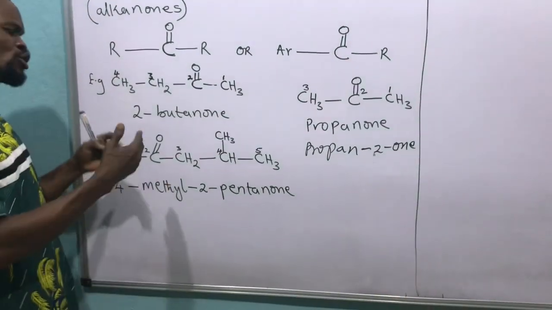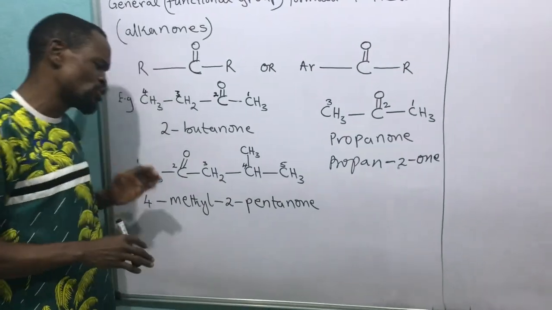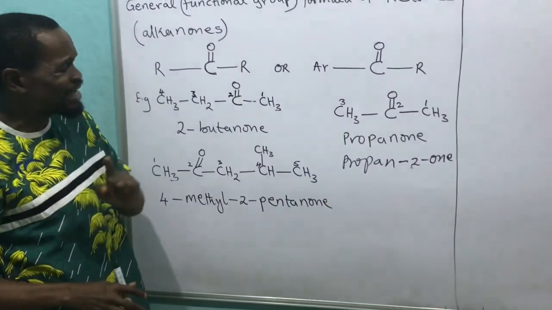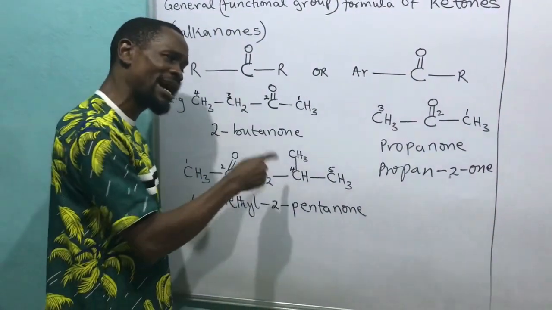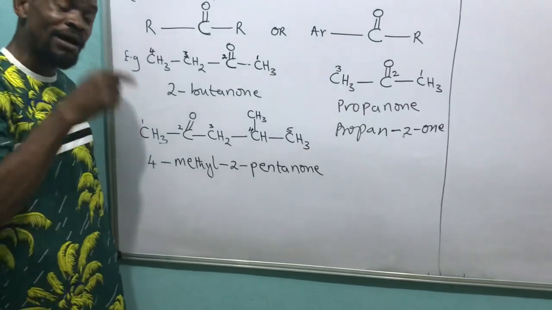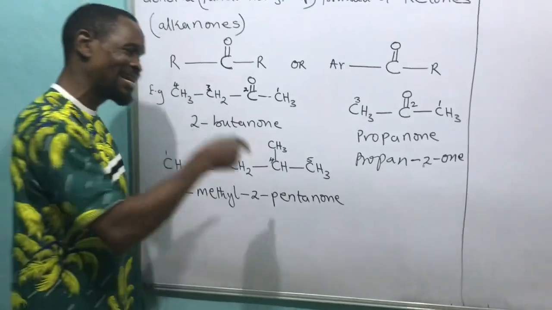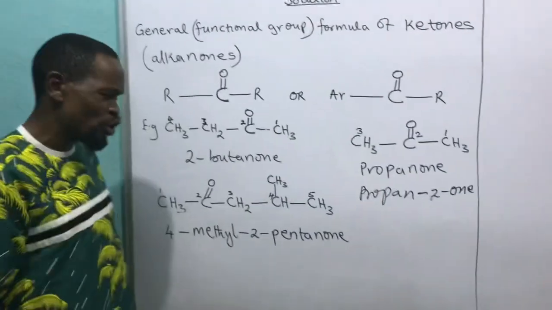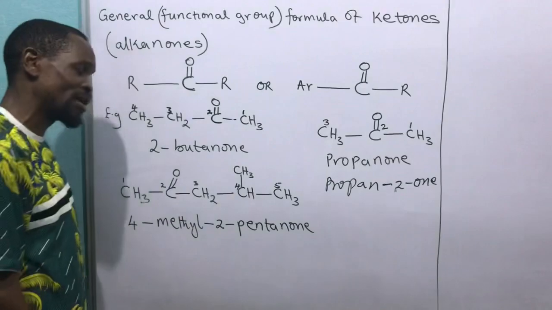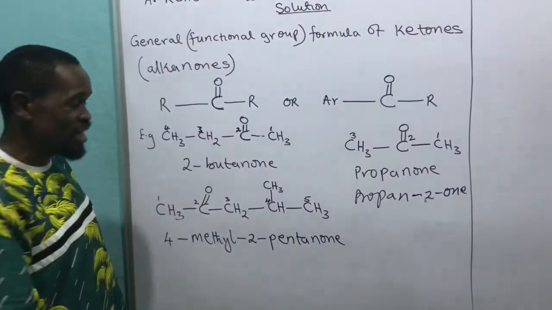Then how am I going to number this? Because if I want to name this, I have to number it. I will number it so that the carbon carrying the functional group, in this case no more the carbon carrying the branch chain, is the one I'm going to consider. I have to number it so that that carbon will have the least number.